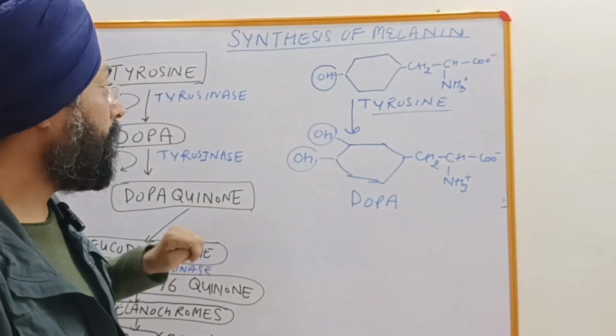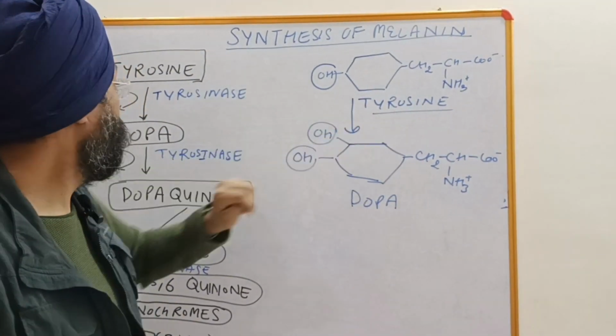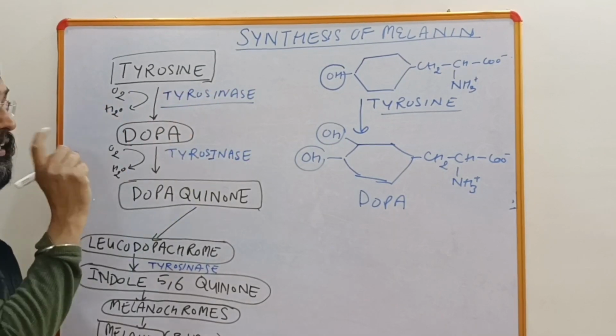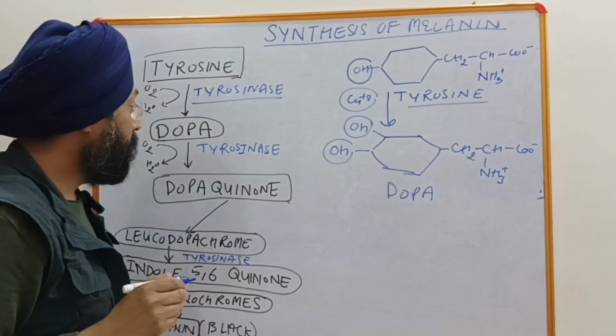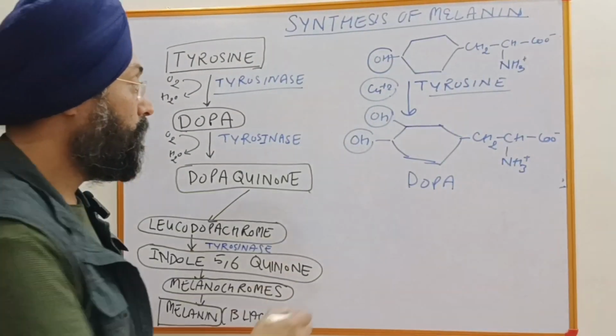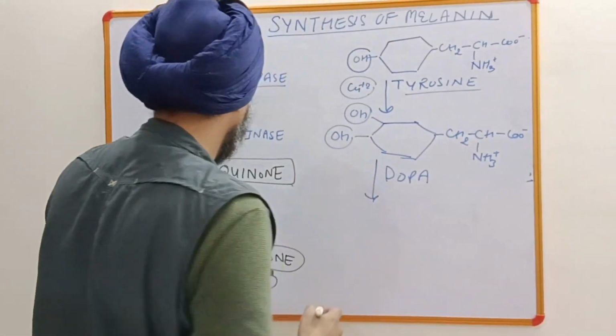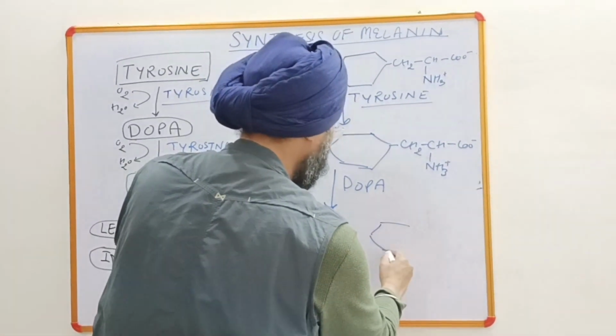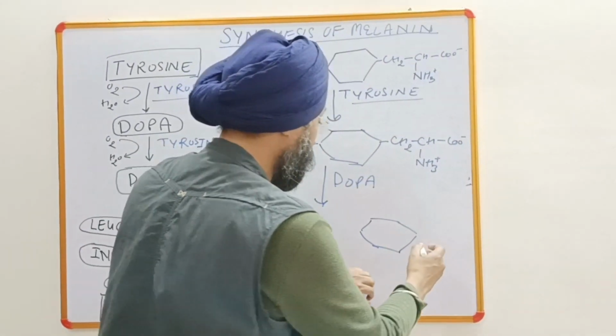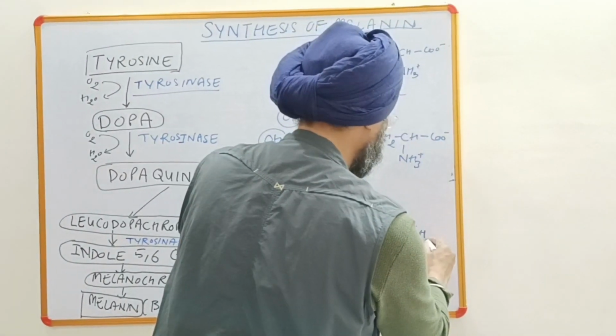So this is dopa. This is carried out by the enzyme tyrosinase, and it is copper dependent. Now we'll convert dopa to our third product, that is dopaquinone. In a similar manner, I will draw the phenyl ring, then a large structure of alanine.